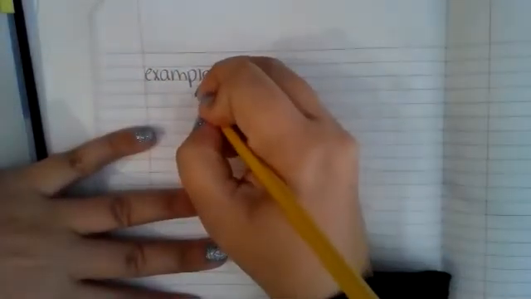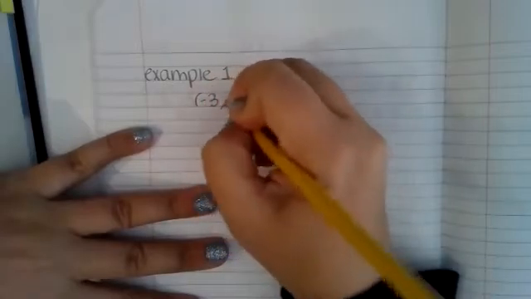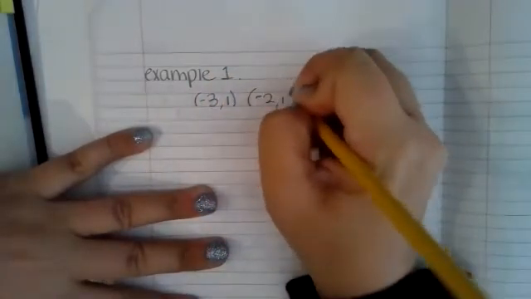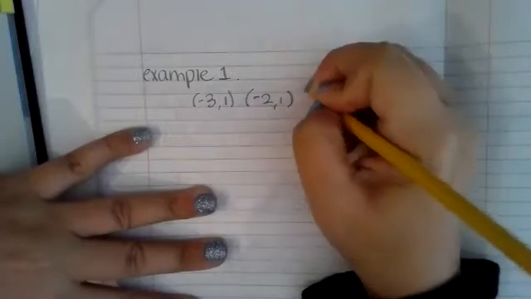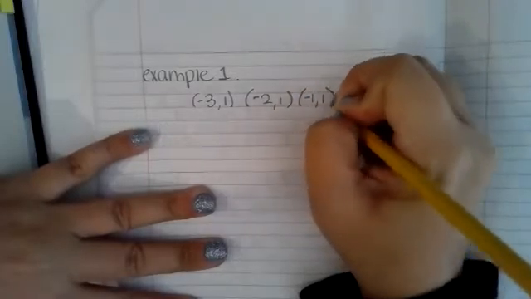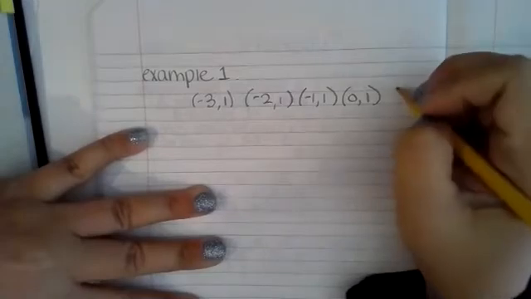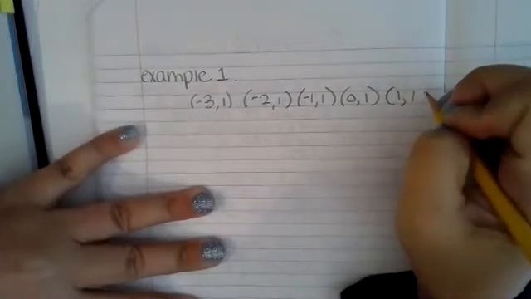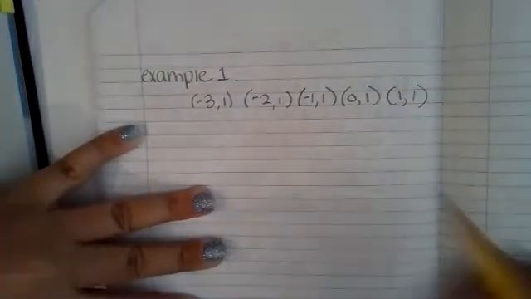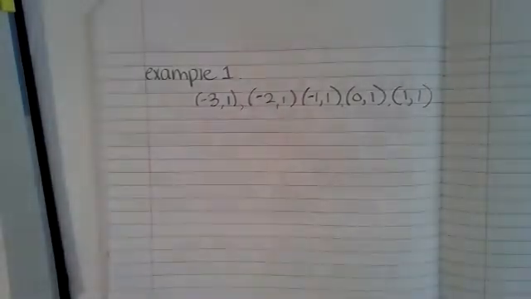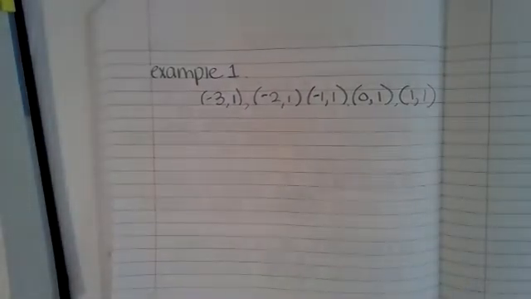So example 1. I have this list of ordered pairs, and then I have to determine if this is a function or not a function.